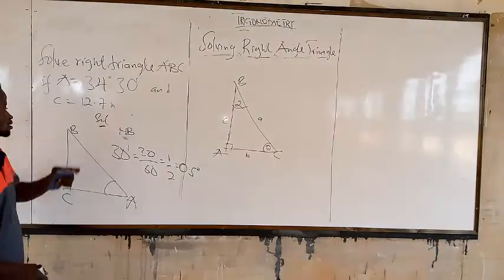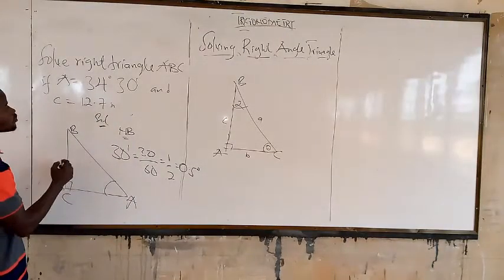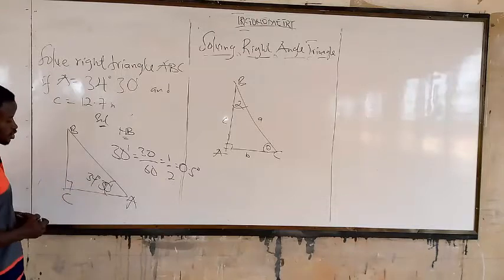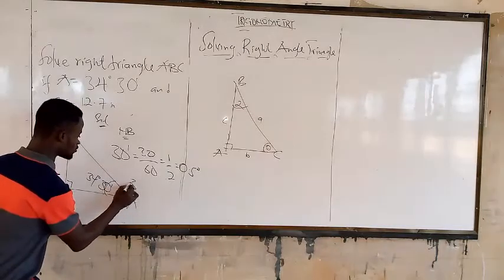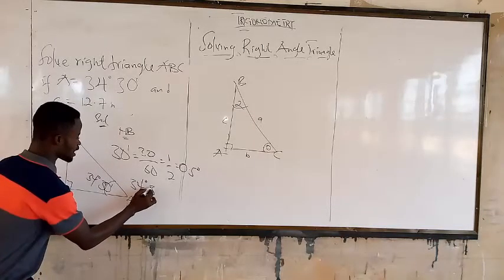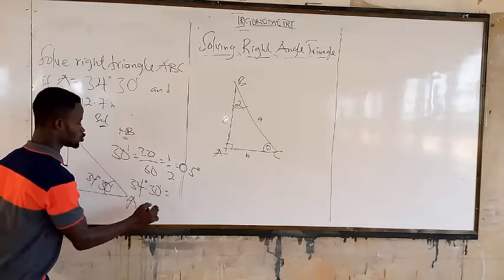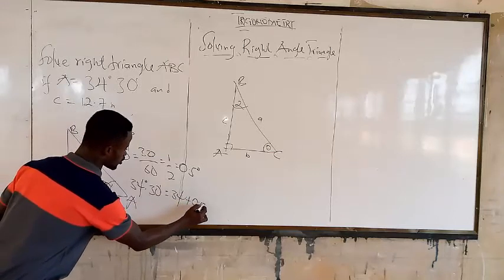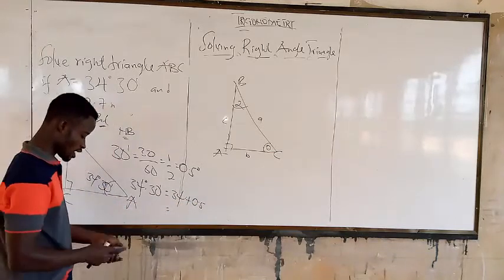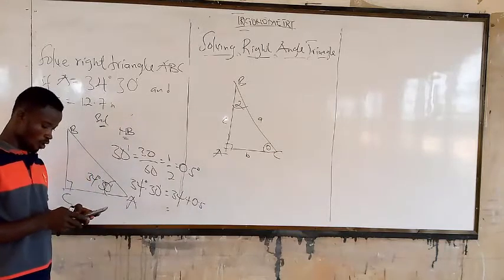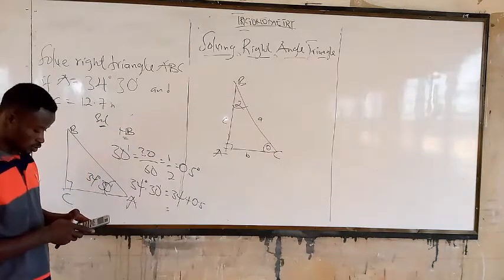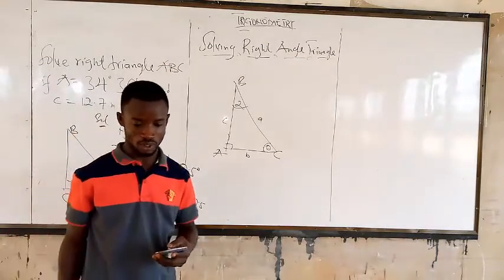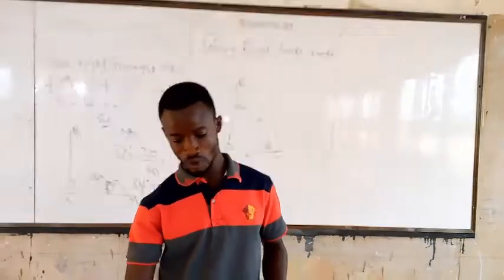So 34 degrees 30 minutes is now going to be 34 plus 0.5, and that's going to be 34.5.